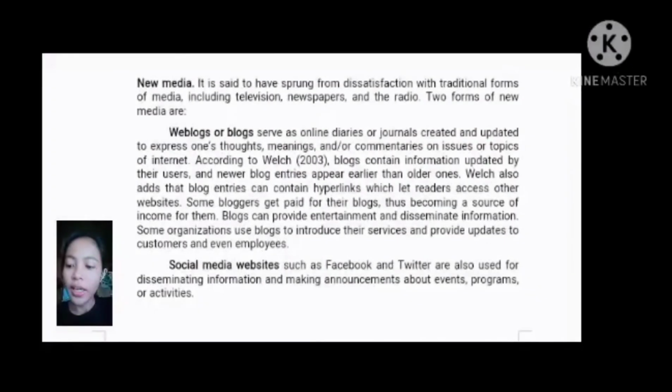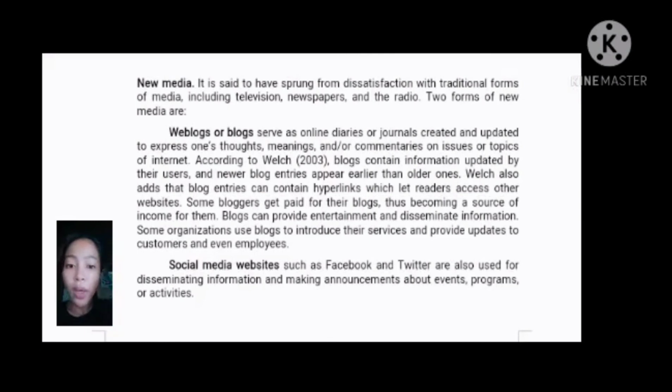New media. It is said to have sprung from dissatisfaction with traditional forms of media. So examples of these are the television, newspaper, and radio. And the new media has two forms, the web blogs or blogs and the social media websites.